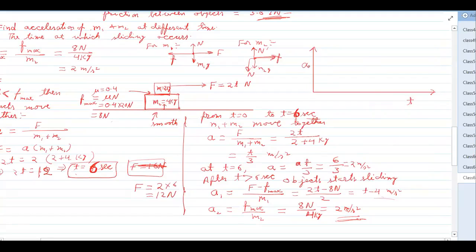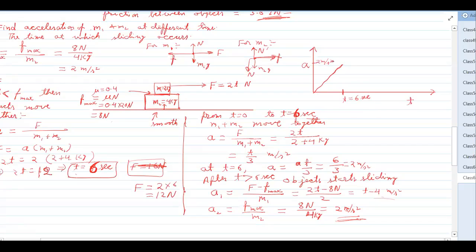So for the first object, for M1, it is t by 3, acceleration is increasing with time. It's going like this, and at t equal to 6 seconds, it reaches 2 meter per second square.